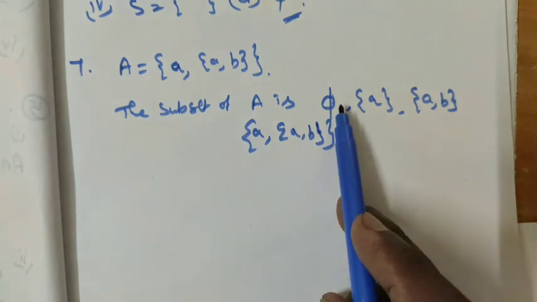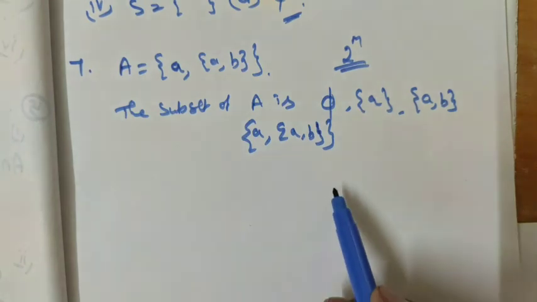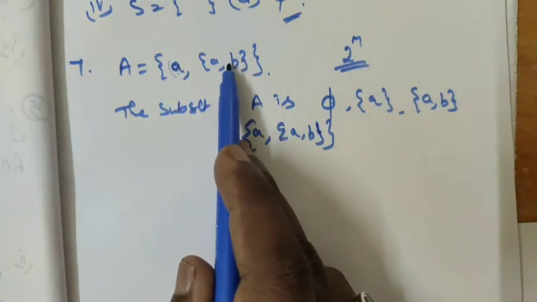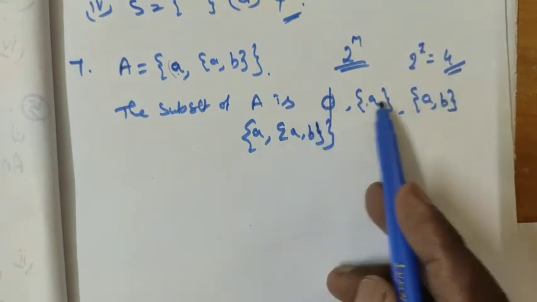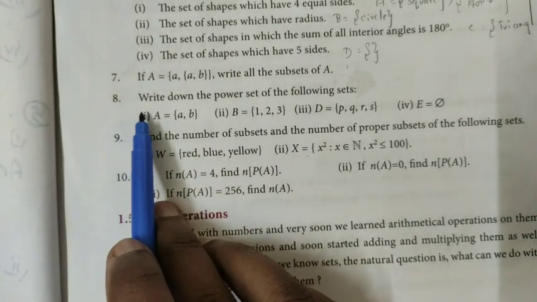So totally we have 1, 2, 3, 4. I already told you the subset formula is 2 power n. Here a is considered as 1 element, {a, b} is considered as 1 element. So 2 power 2 is equal to 4 subsets. 1, 2, 3, 4.